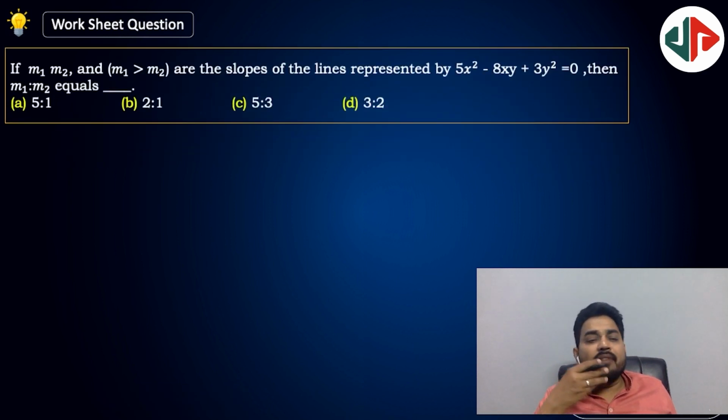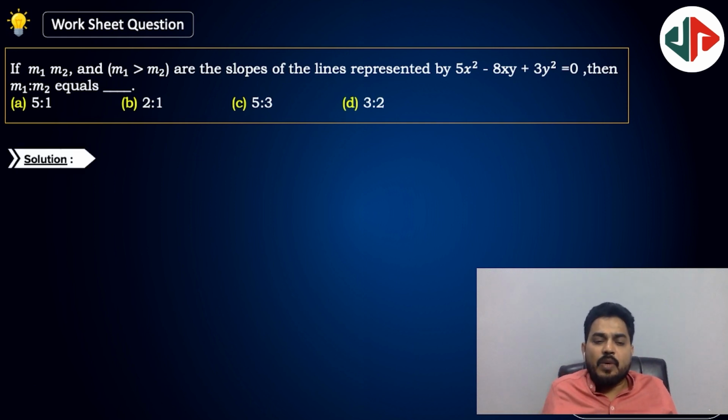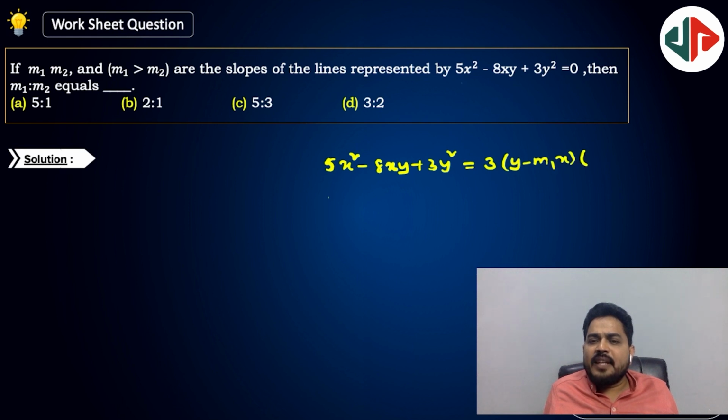M1, M2, where M1 is greater than M2, are the slopes of the lines, then M1 by M2 is equal to what? I can write it as 5x square minus 8xy plus 3y square is equal to 3 times (y minus m1x) and (y minus m2x).